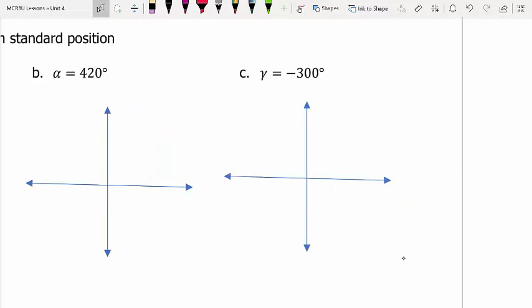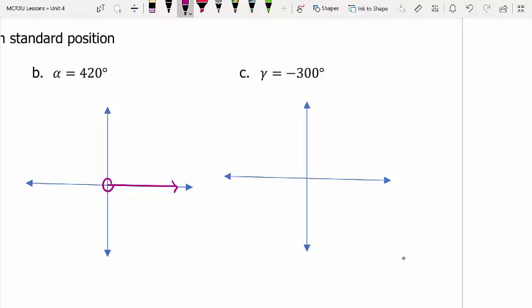Okay, alpha equals 420 degrees. All right, so we start by drawing our initial arm on that x-axis, and now we're going to use our protractor to calculate 420 degrees. Now, we know for sure that this angle is going to take one full rotation because it's greater than 360. So what I would do is draw in my full rotation, but then I need to know how much more of a rotation this angle takes to get to 420.